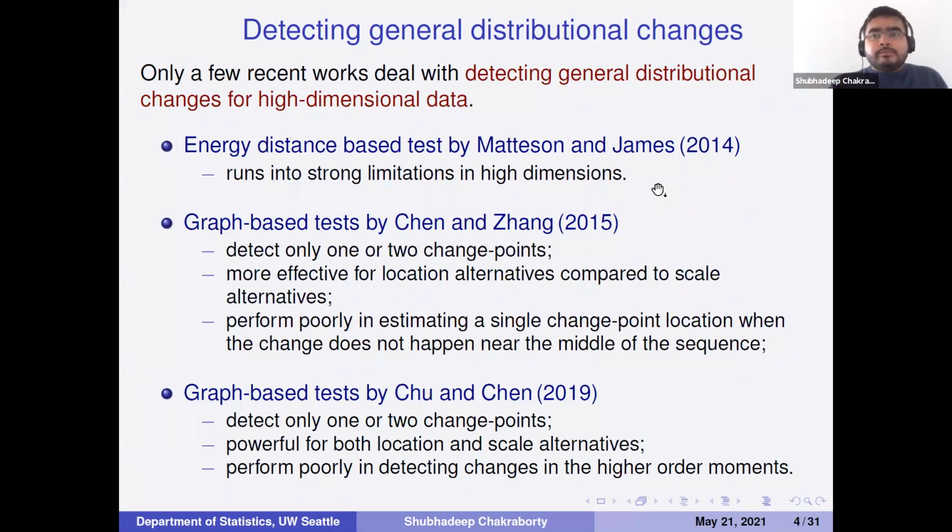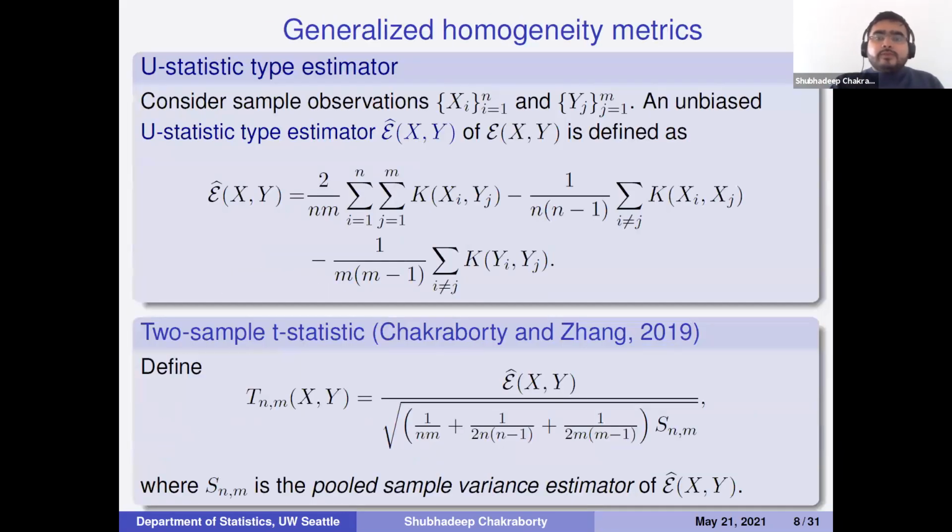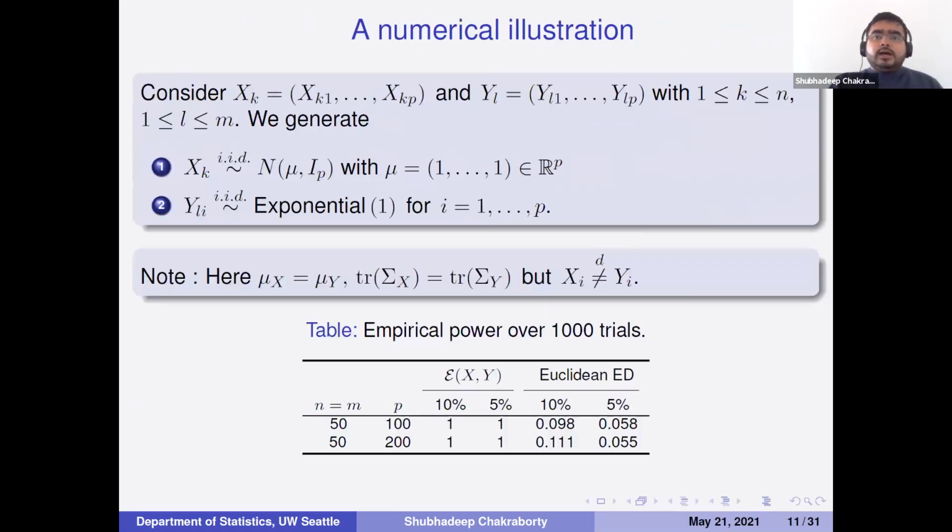This is exactly what I mean: energy distance cannot capture anything beyond the first two moments in high dimensions. So any change point detection methodology that uses energy distance to detect general distributional changes should not do well in high dimensions.